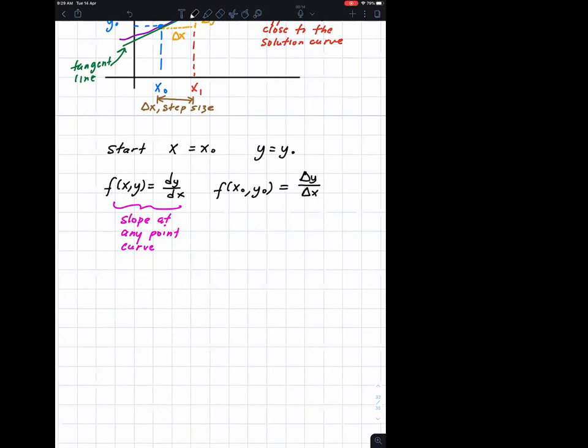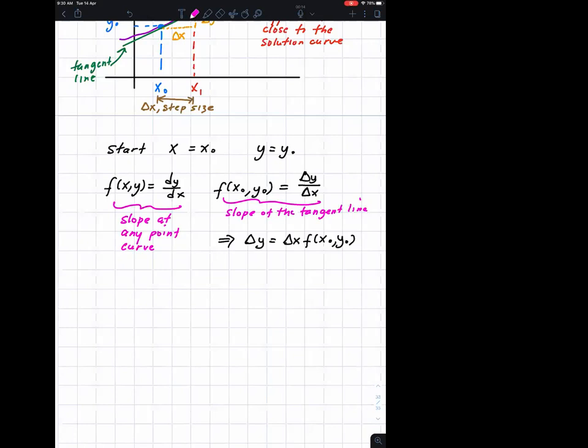From here, you can solve: your delta y is going to be delta x multiplied by this slope of a straight line, the tangent line.